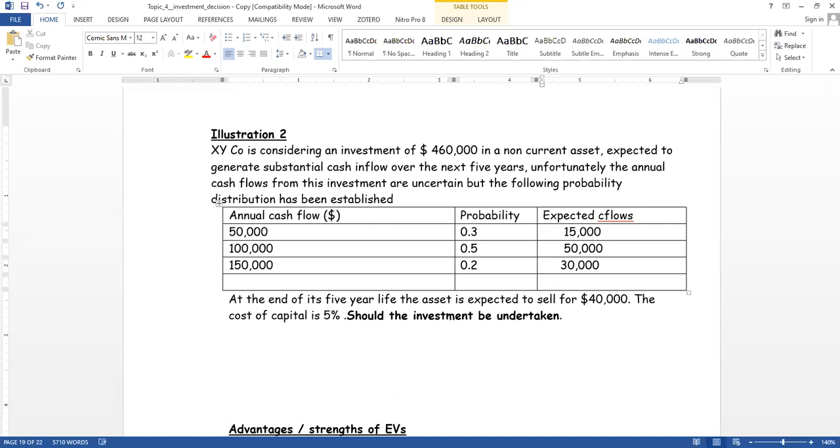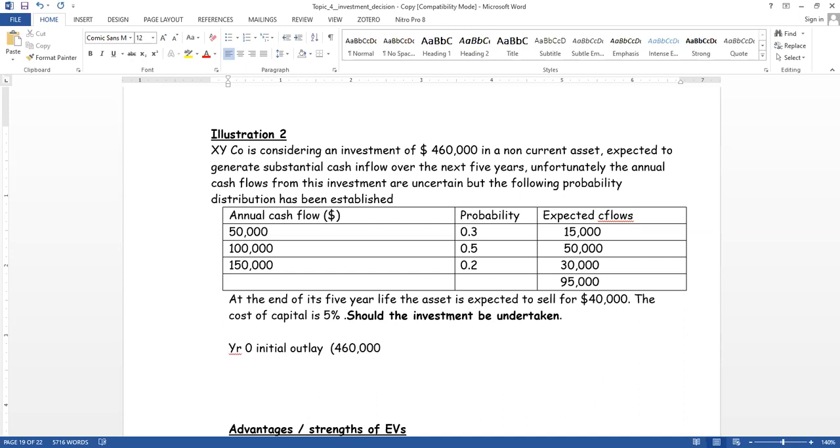95. Okay. So meaning that if you're having your layout for NPV, you're going to have the year, then you have year 0. The initial outlay, the initial investment. Initial outlay is 460.